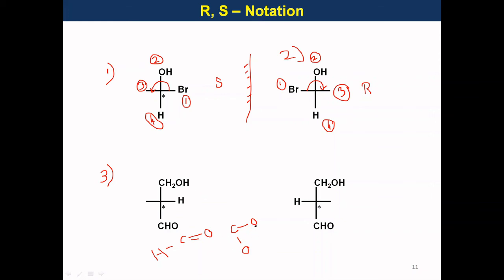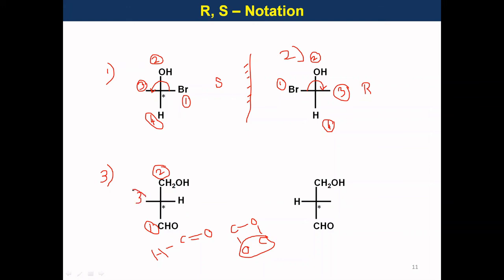Similarly, oxygen is also attached twice to carbon, so we include 2 dummy atoms here. Like that we have to consider double bonded compounds. So number 1 priority is CHO, number 2 priority is CH2OH, the third priority is CH3 and the fourth priority is hydrogen.